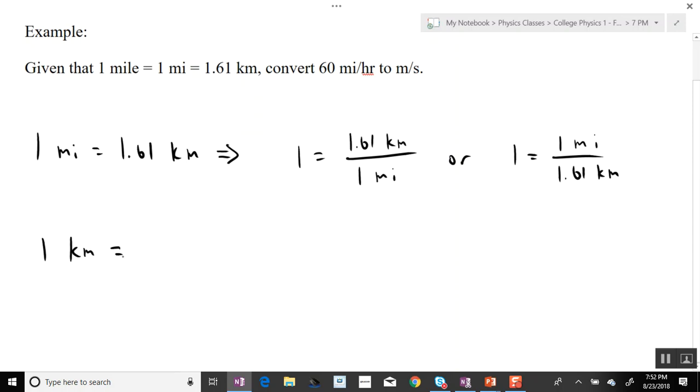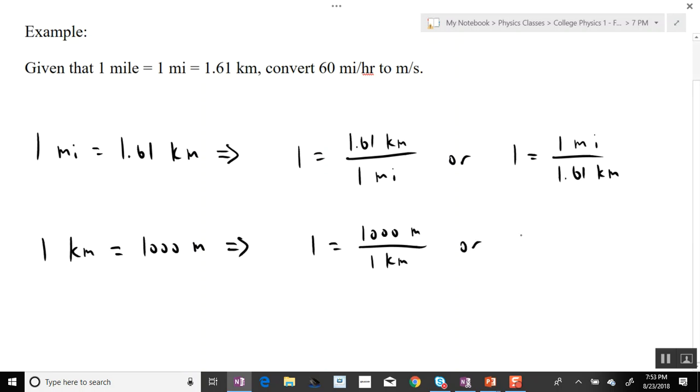So what is a kilo? Everyone should know prefixes, right? It's 1,000, right? So from this, you can get two versions of 1. If I divide both sides by 1 kilometer, I get the number 1 is equal to 1,000 meters divided by a kilometer.